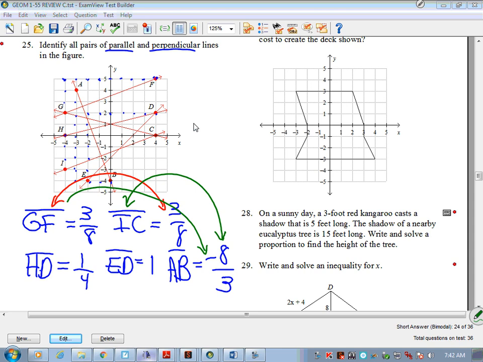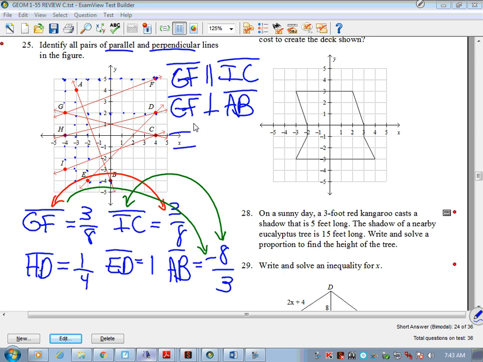So what we're looking for is something that looks like this: GF is parallel to IC, and GF is perpendicular to AB. But not only that, but IC is perpendicular to AB as well. Those are the three statements that we need out of that, based upon those slopes. So that's the work that you need to show.